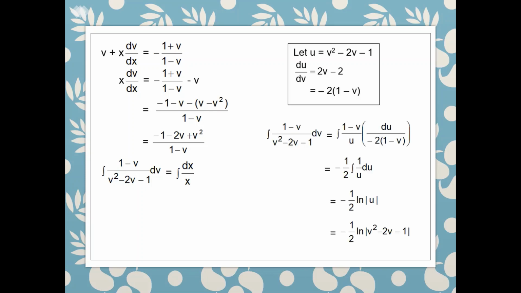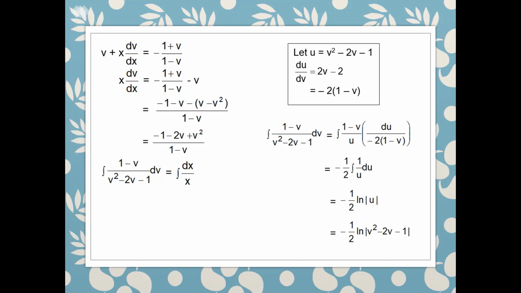To integrate the function on the left, you need to apply u substitution. Let u equal to v squared minus 2v minus 1. Differentiate with respect to v, you should get 2v minus 2. Substitute this into the integral and simplify. You should get negative 1 over 2 ln u.